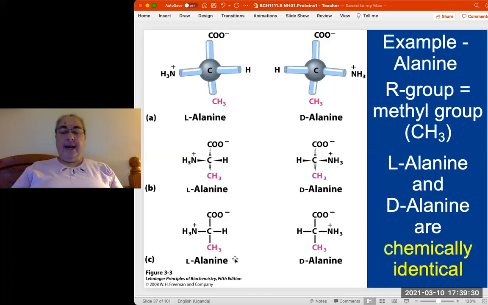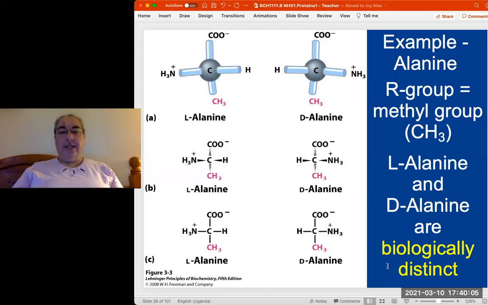So L-alanine and D-alanine are chemically identical. They have exactly the same atoms in them. They would have the same chemical reactions if you were carrying out reactions in a test tube with them. However, in a biological system, L-alanine and D-alanine are different. They are biologically distinct.